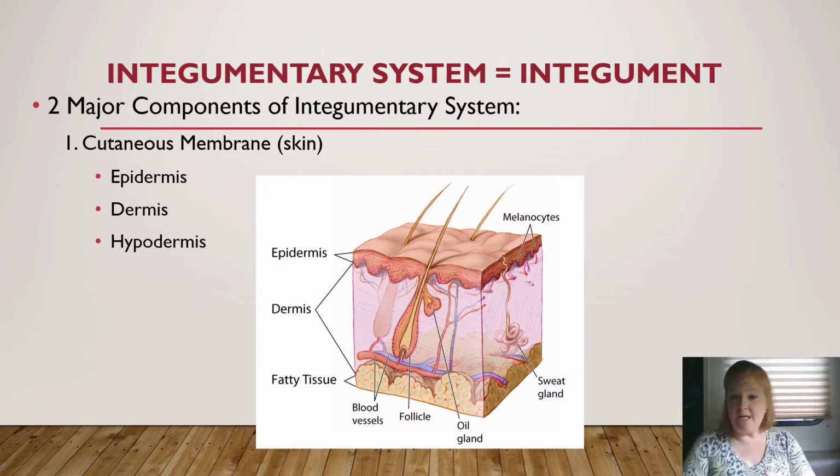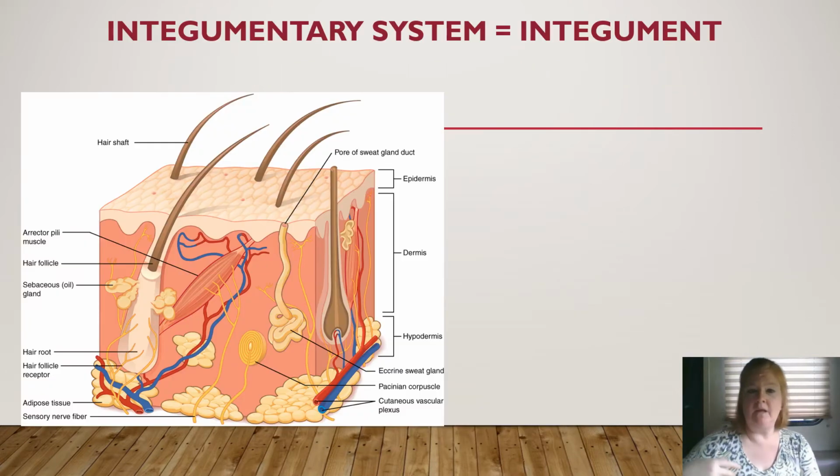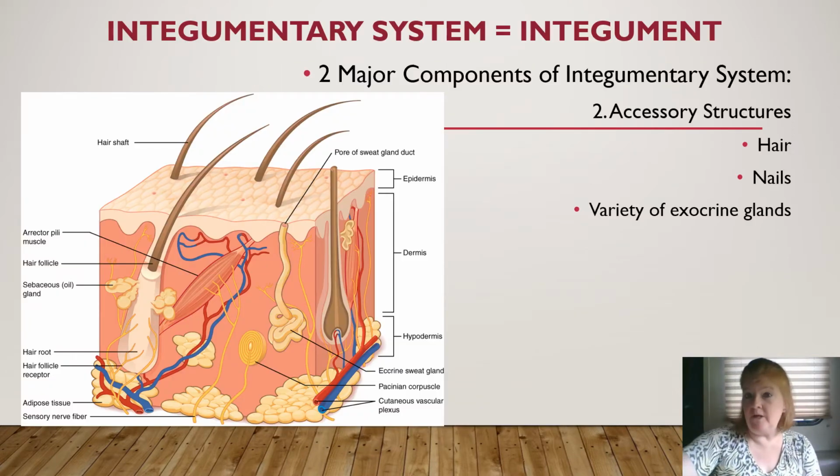We have the cutaneous membrane, that's your skin, made of the epidermis, the dermis, and the hypodermis, or subcutaneous layer, the fatty tissue. And the integument is also made of accessory structures, so hair, nails, and a variety of exocrine glands.